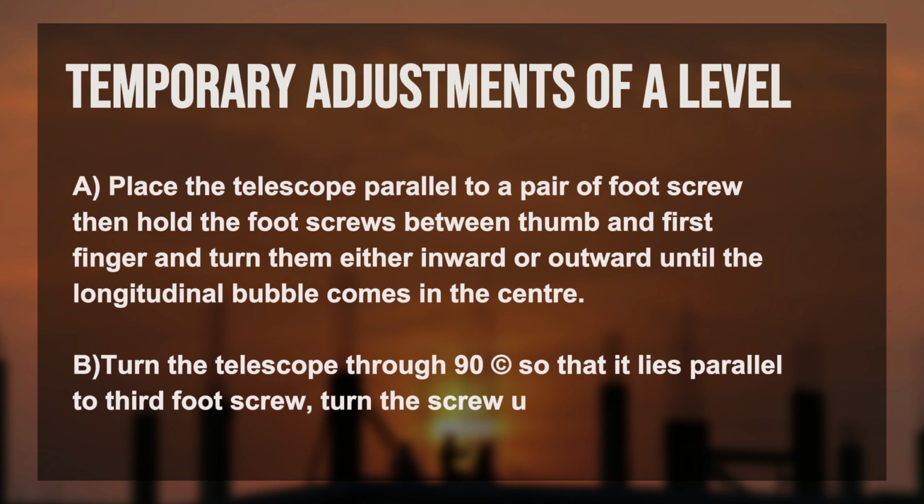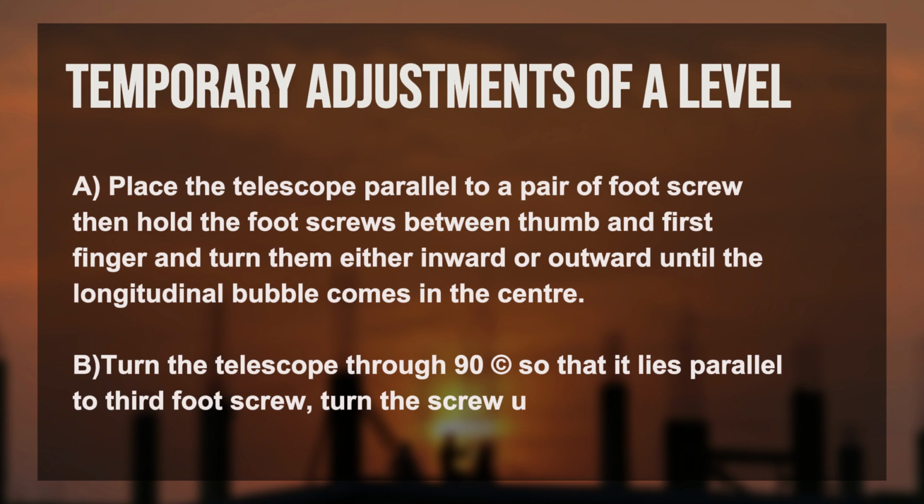So, initially we have done the leveling in one direction, and then we turn it 90 degrees, and the leveling in the perpendicular direction is also done. Again we rotate it, bringing it back parallel to the two foot screws, and repeat the same operation.